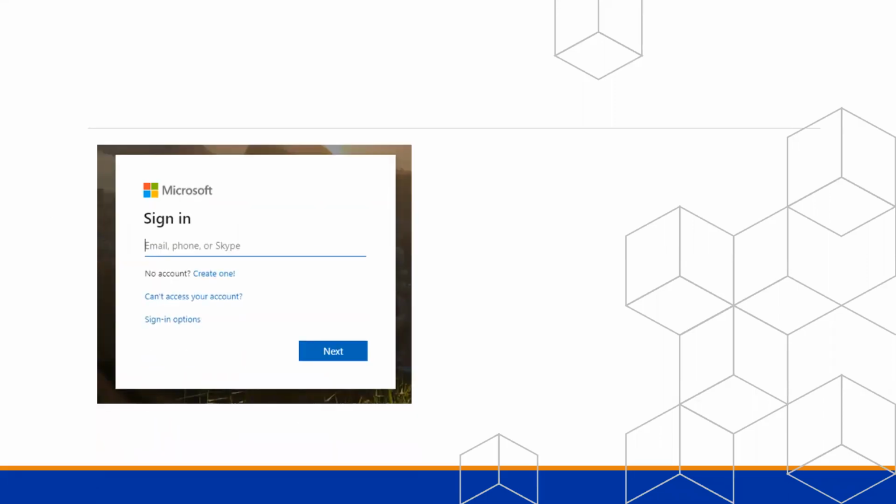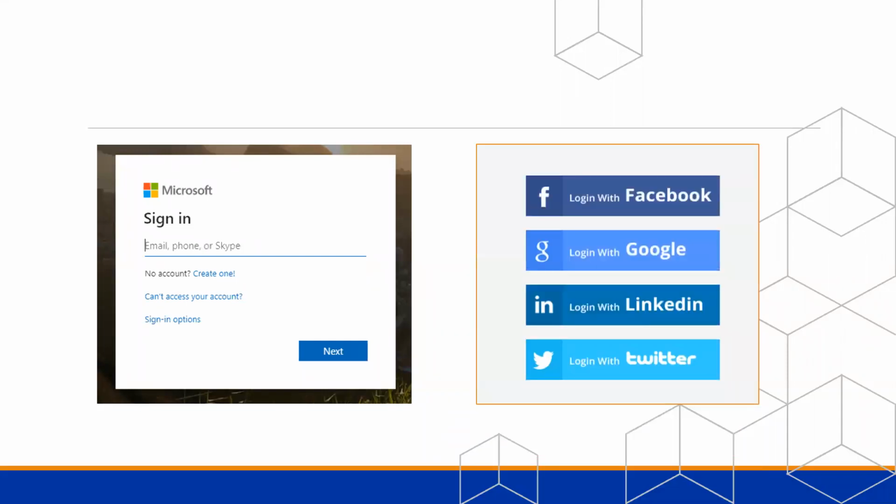So today, when you try to log into any Office 365 product, you see this screen. Once you provide your credentials, you are authenticated, and whether you want to access Outlook, a SharePoint site, or a planner, this is the screen you see. Not only that, there are multiple websites these days which show this kind of identity providers for login.